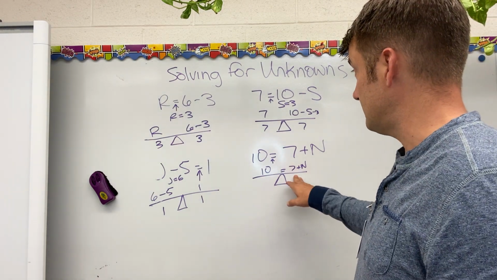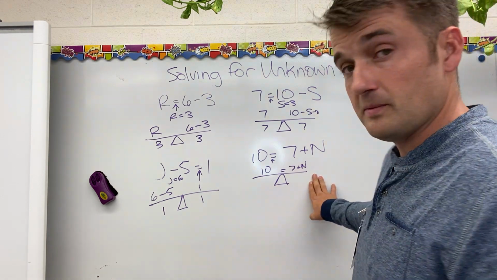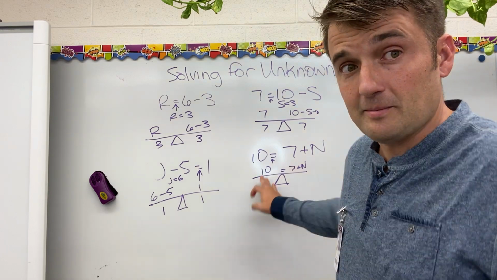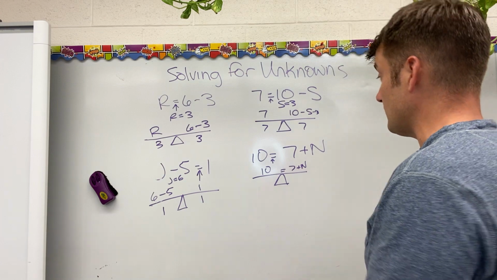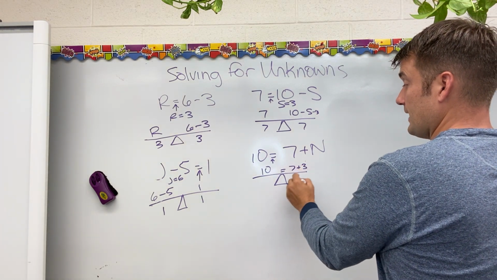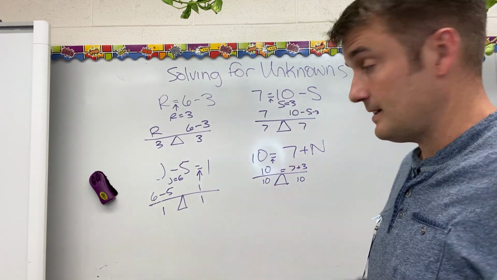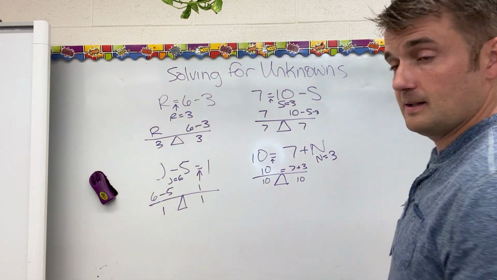I have $7 in my pocket. You give me some money, and now I have 10. How much did you give me? The only number that makes that true, that makes that work, is 3. And that also means that both sides of my equation are 10. It's balanced, right? So n was 3. Okay?